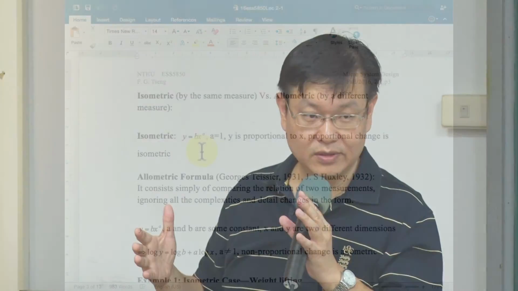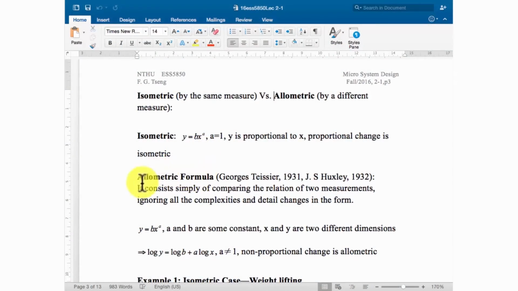In that case, the power a is not equal to 1. So you blow up in three different dimensions with different measures, different ratios. This kind of system we call the allometric system. I think this is a new concept, so it's not easy to understand the first time.